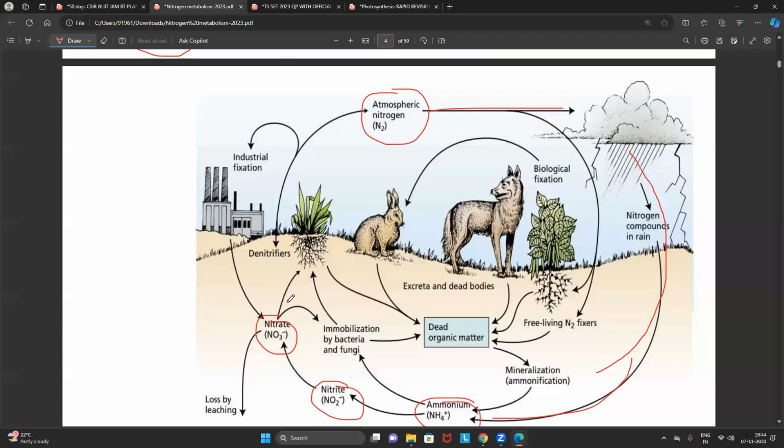And again, we are bringing this NO3 back to the atmosphere. Don't get confused. That's why it keeps on cycling. If the nitrogen is not cycling, all the trophic levels never get the nitrogen. So it is very important to undergo the cycling.